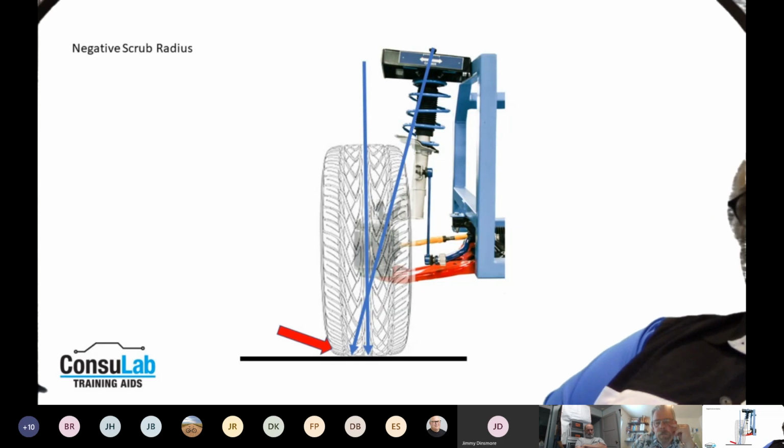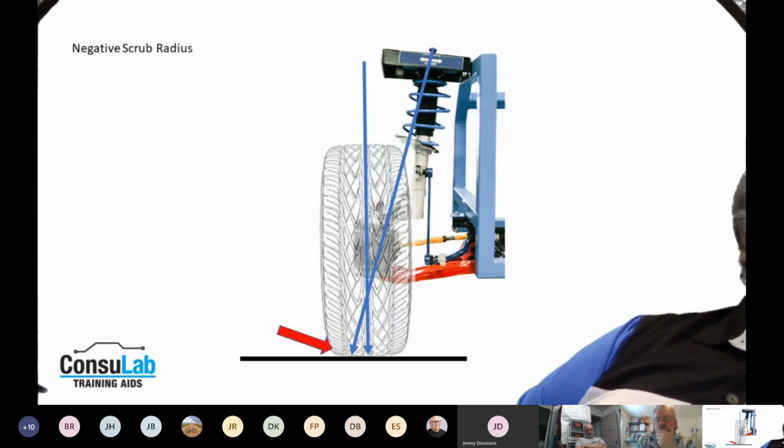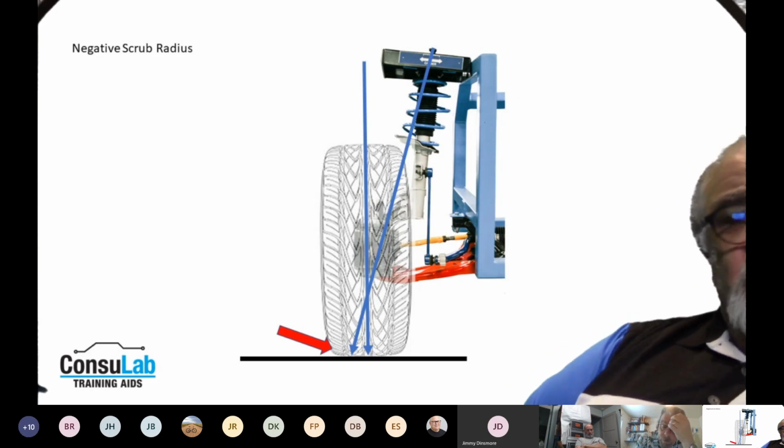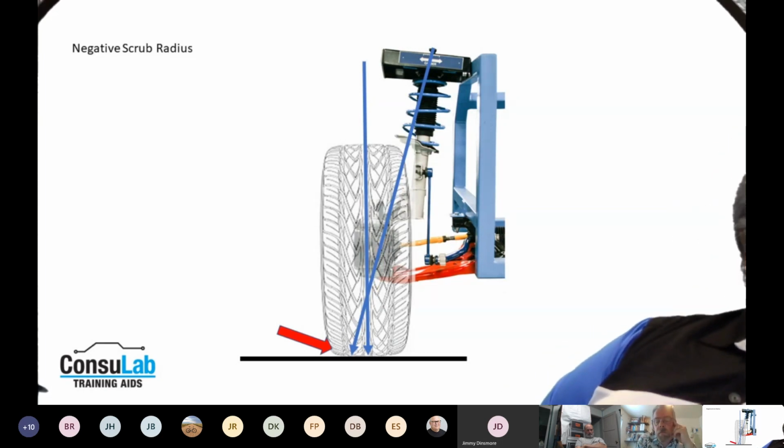Let's say we lost half of our brakes. Now the tire would want to push into the vehicle, giving us more control rather than on the old system where we have positive scrub. The natural tendency for a tire would be to pivot out and cause a pull. So that was one of the big reasons for going to the negative scrub.